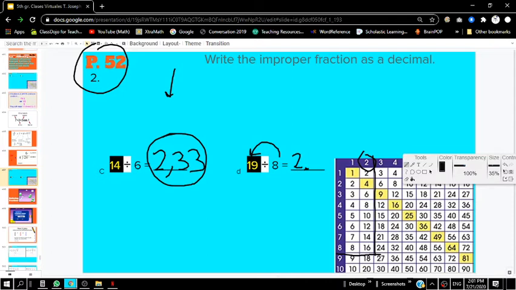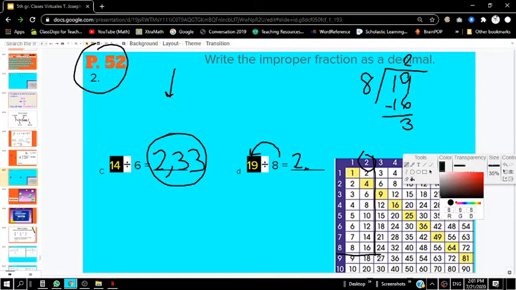All right, so let's divide this out. We have 19 divided by 8. I already know that 8 goes into 19 two times. 8 times 2 is 16. Subtract 19 minus 16 equals 3.